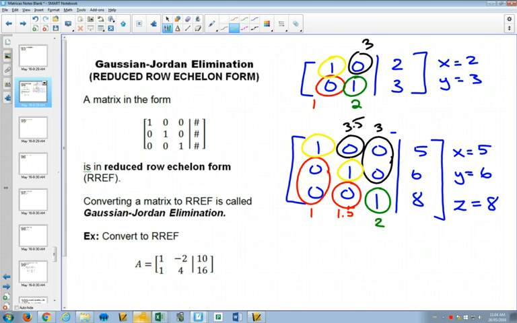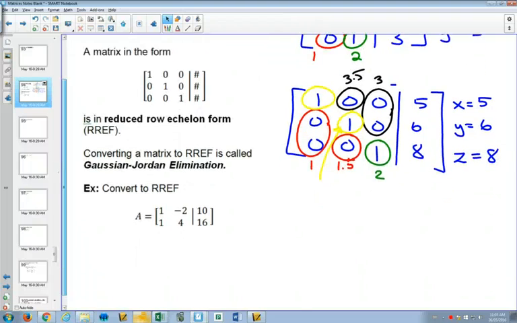In fact, this middle one here, if you want, you can make it a 1 even earlier if you'd like. So it's sort of an order of how we're going to do it. We're going to first get our bottom left-hand corner to be zeros, and then get our top right-hand corner to be zeros. And that's our plan.